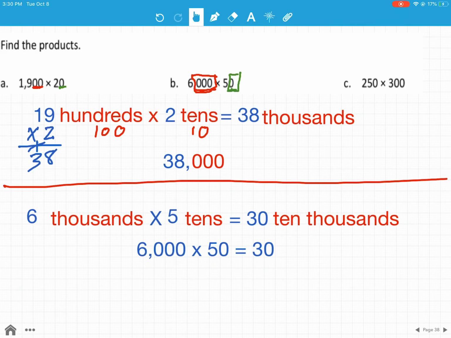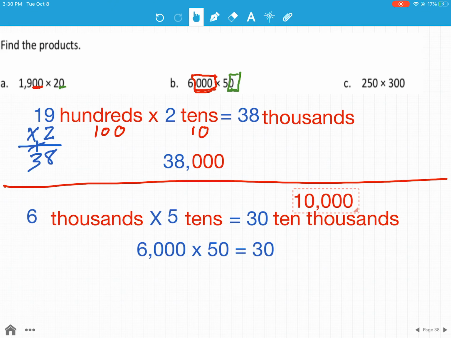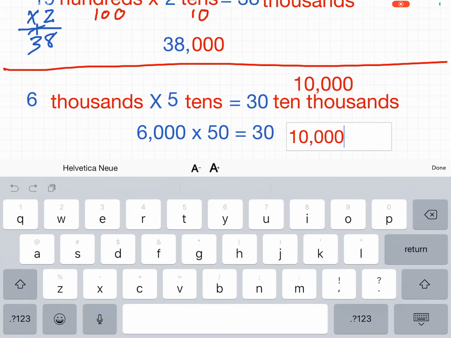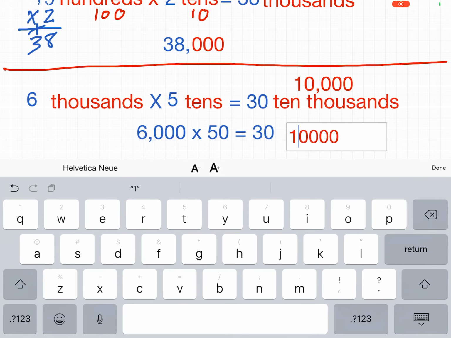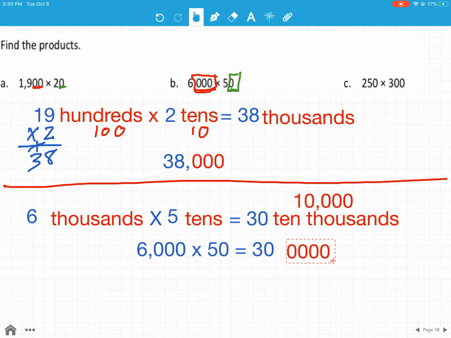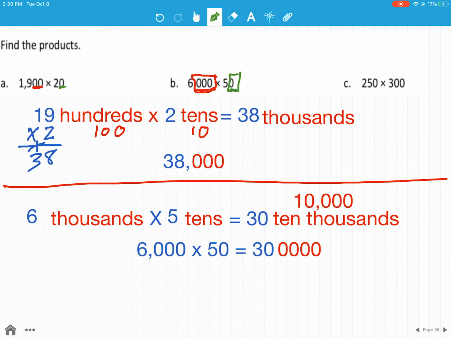And then we have 10,000s, and hopefully you know that 10,000s has 4 zeros. So I'm going to show you the 10,000s. So that's 4 zeros. So we are going to go ahead and look at that and add those 4 zeros to the end of the 30. And then you can add your comma.